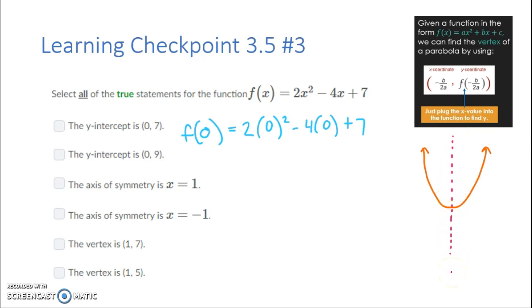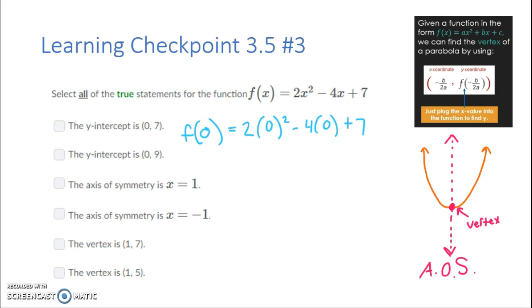And then the vertex is actually the spot that is either the high point or the low point of your graph, and it always sits on your axis of symmetry. So I'm going to abbreviate: axis of symmetry is the dotted pink line that cuts your graph in half or reflects the graph. And then your vertex, it actually sits on that line, and it's the high point or the low point of your graph, depending on which way that graph flips.